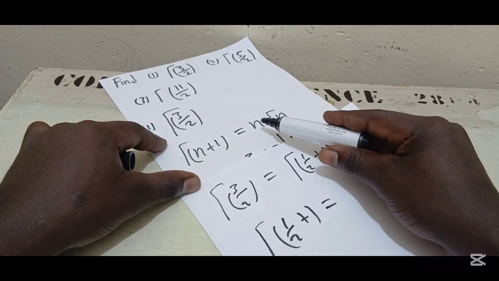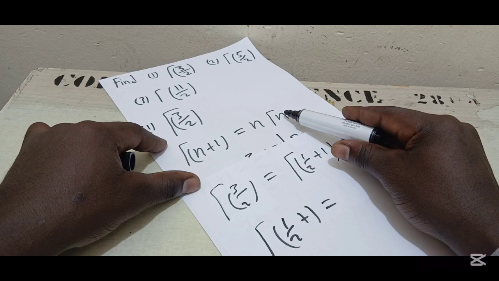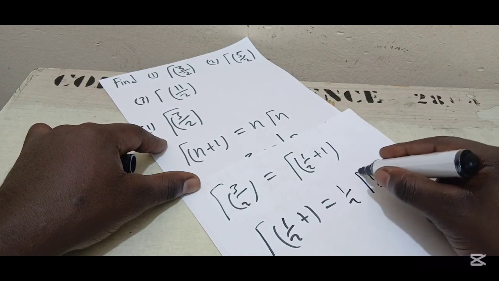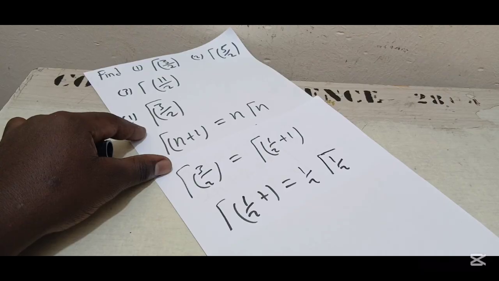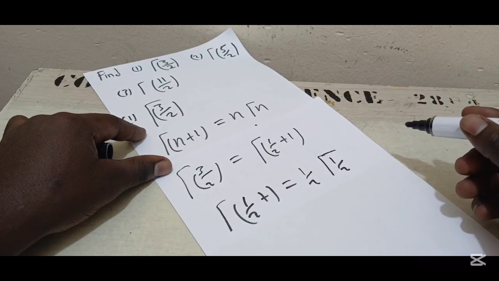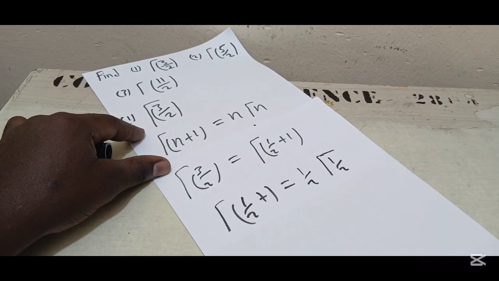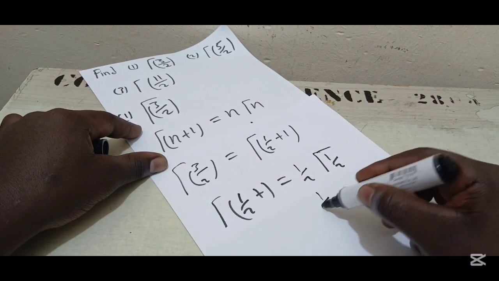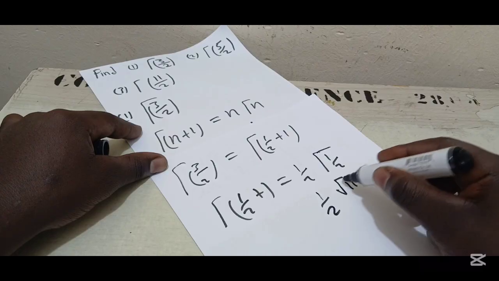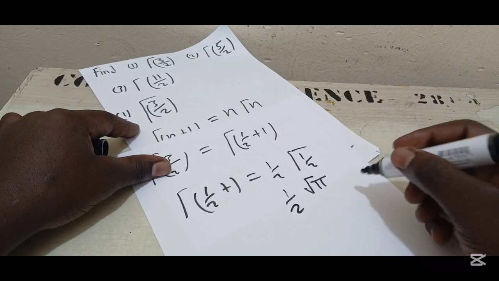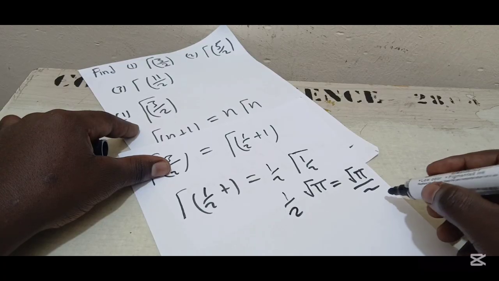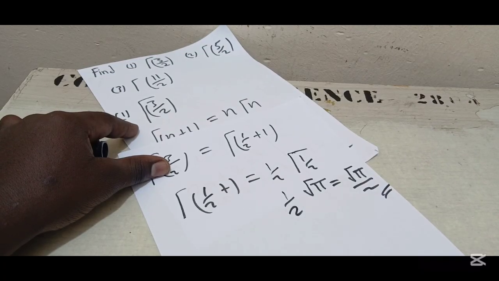So it's going to be half gamma half. And we know that gamma half is a constant, square root of pi. Anytime you see gamma half, it is square root of pi. So we are going to get half square root of pi. This can also be written as square root of pi on 2. So this will be our final answer for this problem.